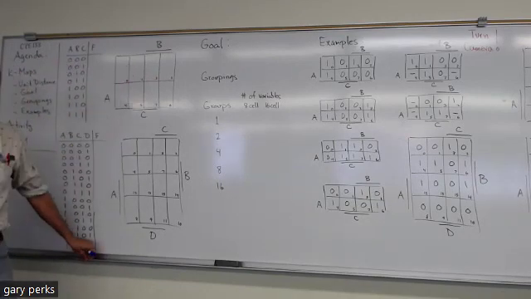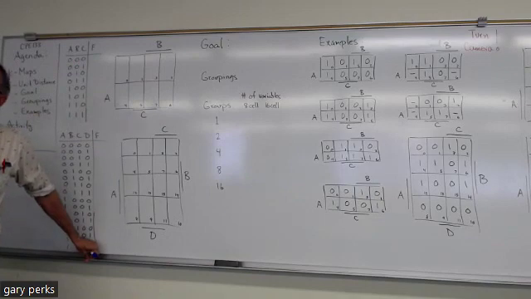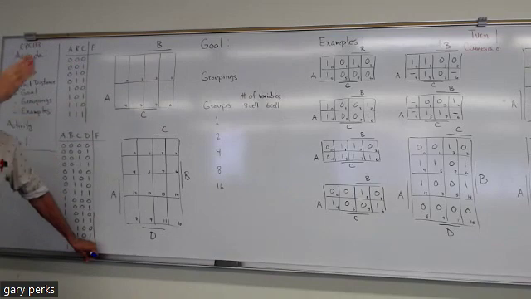So that would not be unit distance. And you have to have that property of unit distance in order for this technique to work. So this technique I'm about to show you only works when there's unit distance between the cells, up and down and side to side.